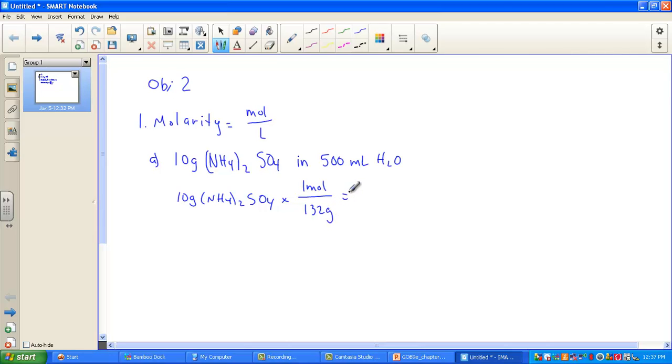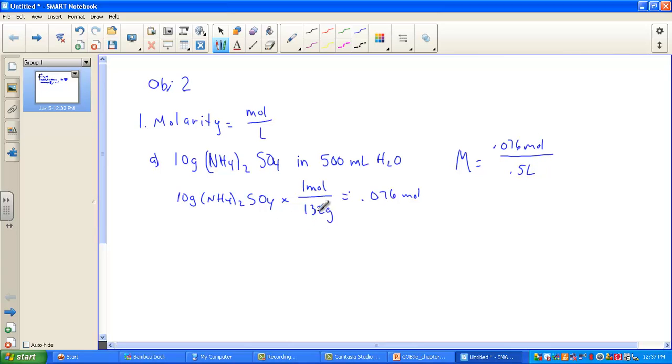10 divided by that molar mass, and I have 0.07, I'll round 0.076 moles of our solute. Now that I have the number of moles, we can solve for big M, molarity unit, by taking that value, 0.076 moles, setting that over 0.5 liters of water.